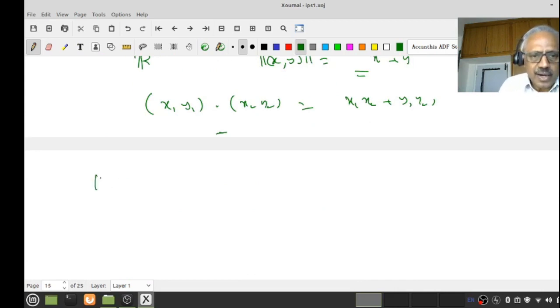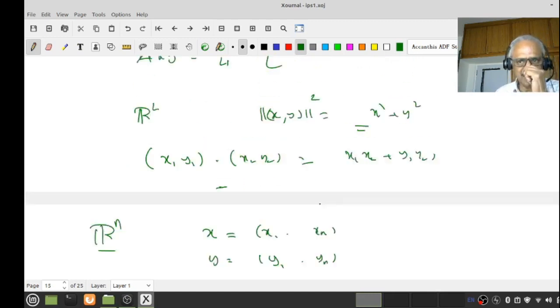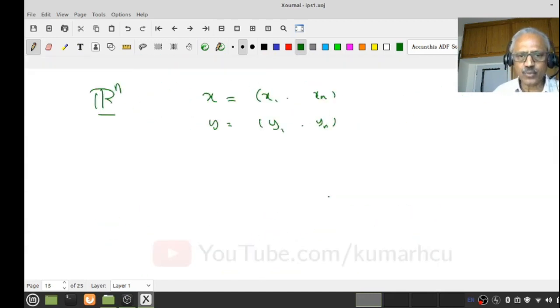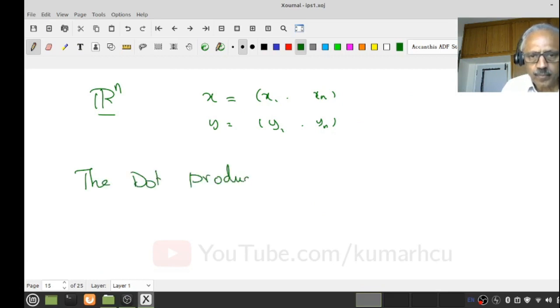So on Rn, I am given two vectors x equal to (x1, x2, ..., xn), y equal to (y1, ..., yn). Based on my motivation, I am going to define the dot product of two vectors, x dot y.